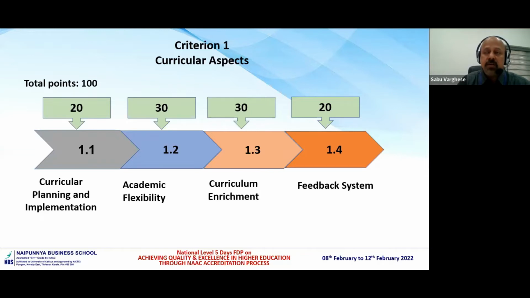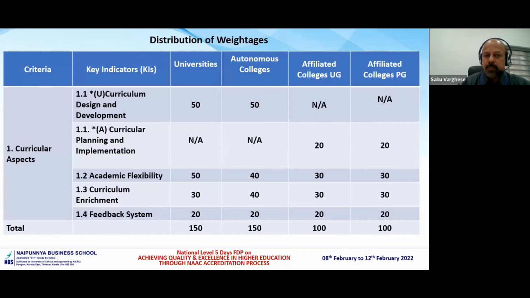Out of these 100 marks, the split between the 4 key indicators is 20 points for the first key indicator, 30 for 1.2, 30 again for 1.3, and 20 points for 1.4. So that makes it a total of 100 points.